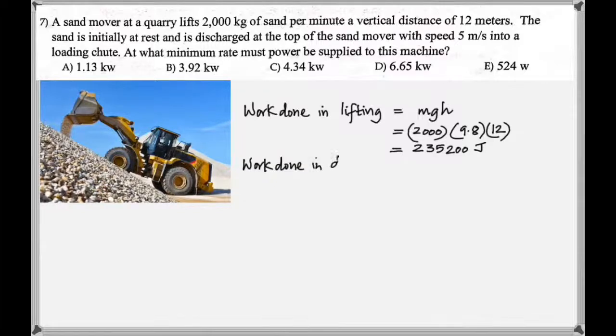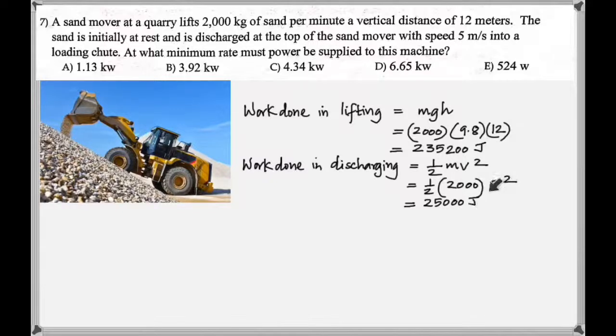Second, the work done in discharging it at that speed, that is giving it kinetic energy. And kinetic energy is 1/2 times mass times velocity squared. So it's the same mass, because whatever mass is being lifted up is being discharged. So it's the same mass, and the velocity is 5.